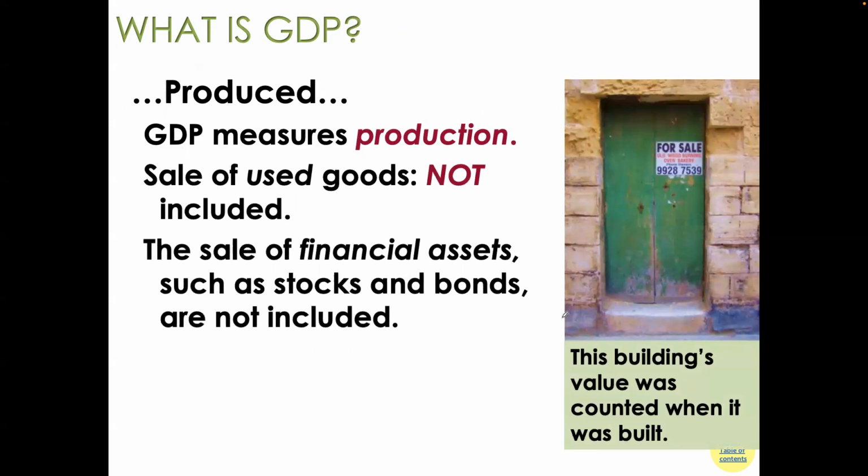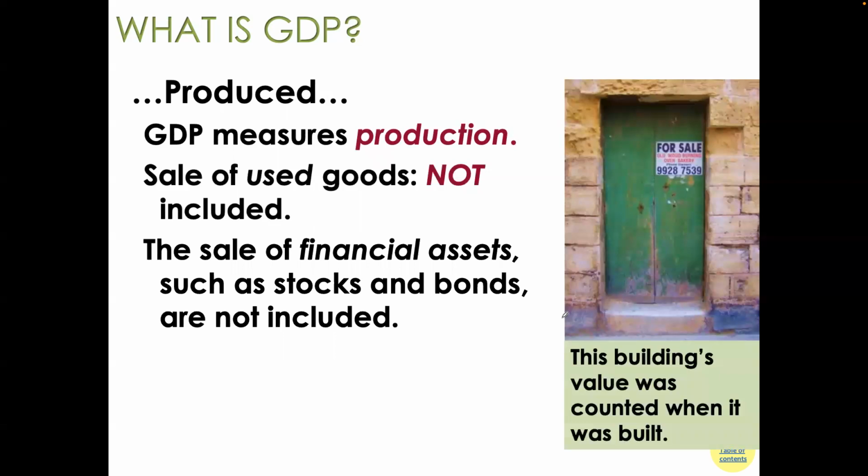Okay. So now let's look at a little bit of details to make sure you understand. There are some things we should include, but there are some we are not, right? So GDP is going to measure production, meaning the sale of used goods will not be included. And the sale of financial assets is not included.